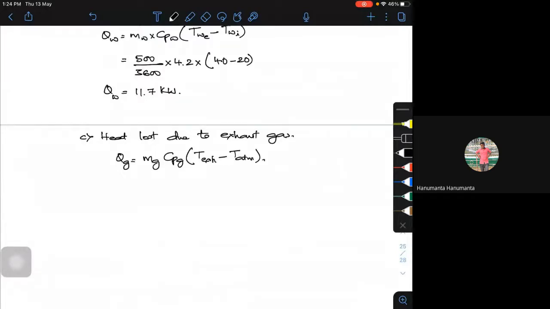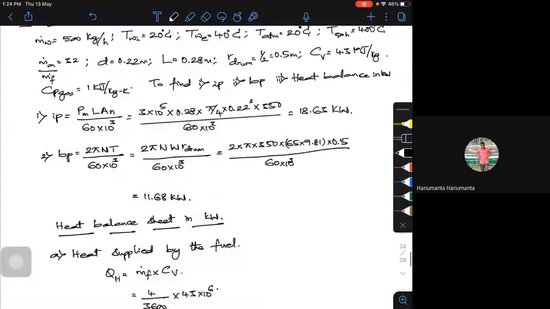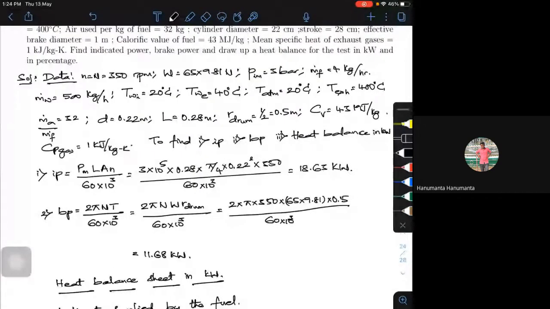Now, what is the mass of gas? Mass of gas is equal to mass of air plus mass of fuel. They have given the air to fuel ratio here. Air to fuel ratio is 32.